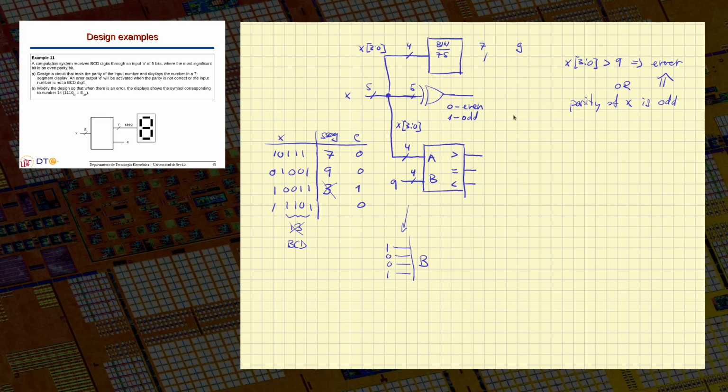So what I will do is just combine them with an OR gate that will make a 1 in either case. So we are using our understanding of the logic operation of the gate, and this will give my error.